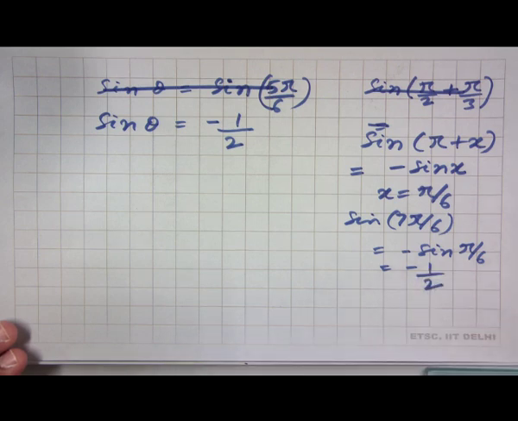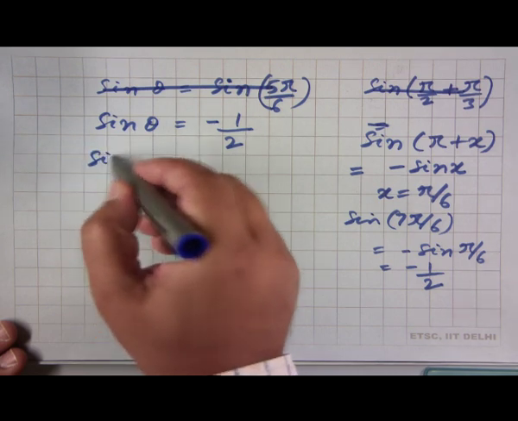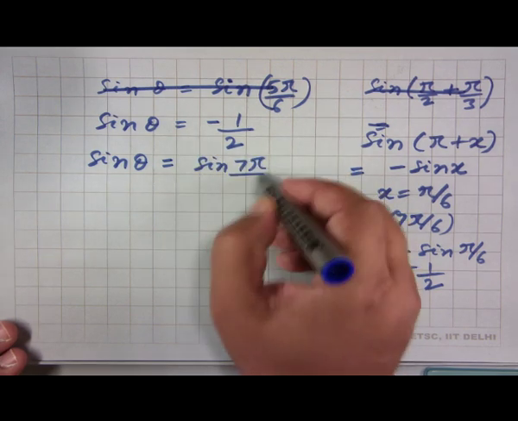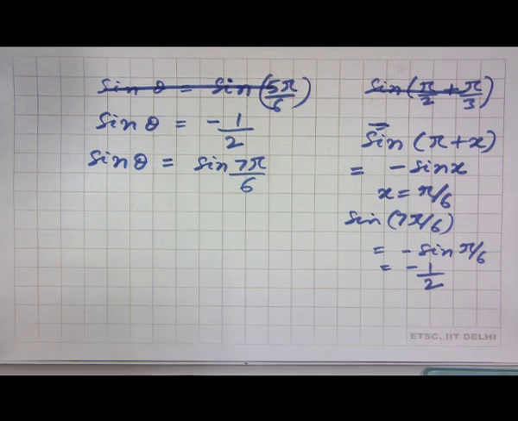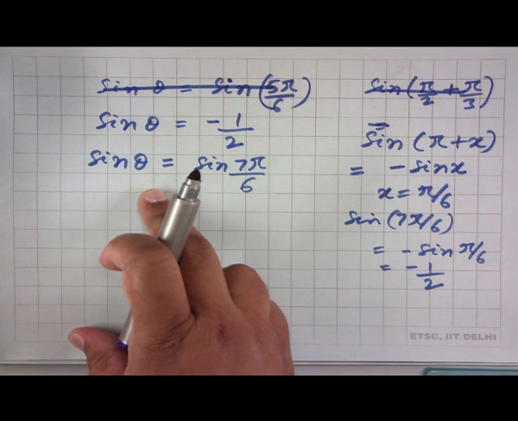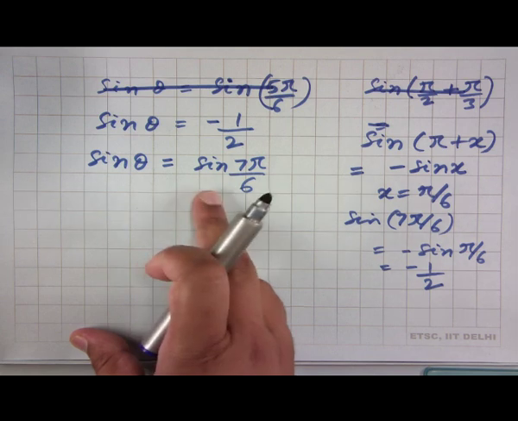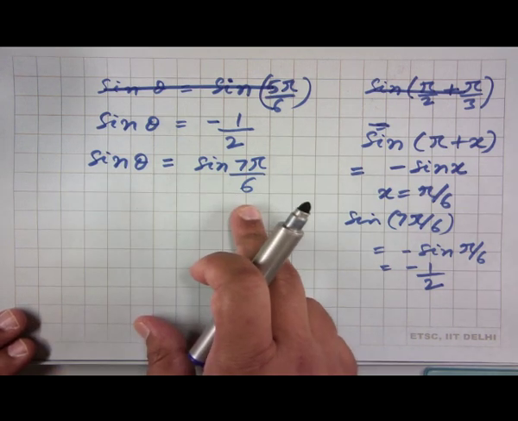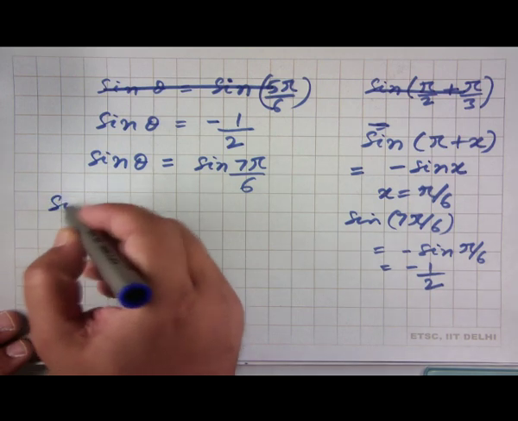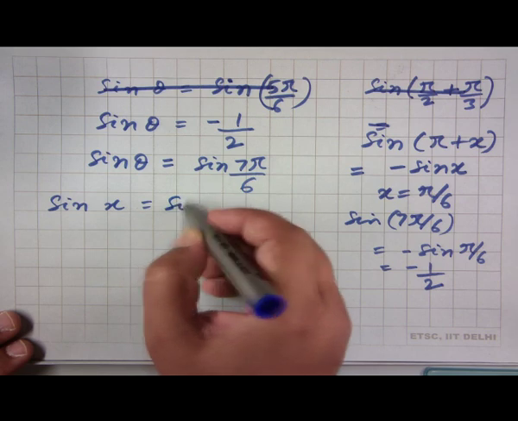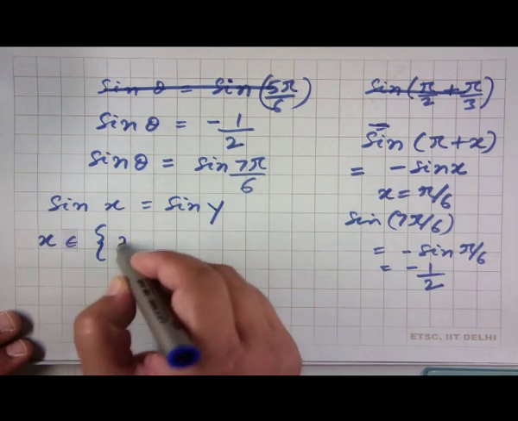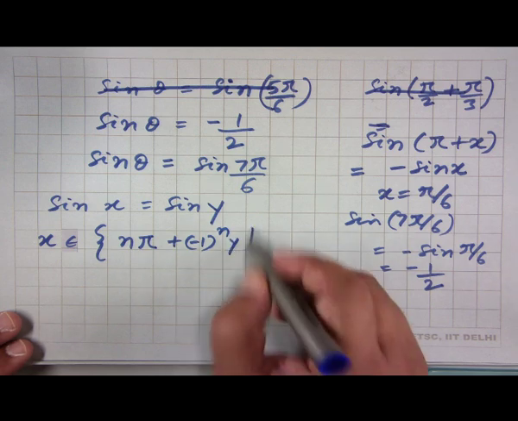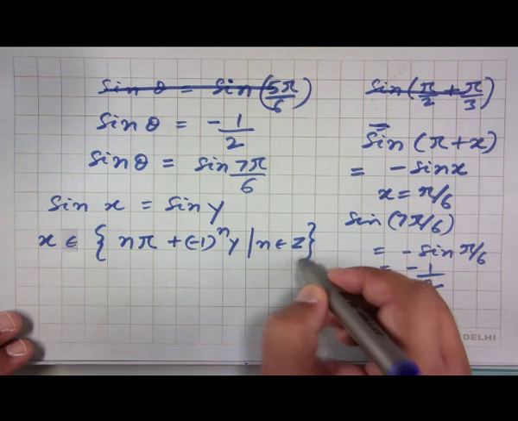Therefore, we can write that sin theta is sine of 7 pi by 6. So we essentially have to find the general solution to sin theta equal to sine of 7 pi by 6, and this we have already studied in the previous lecture. If you recollect, the general solution to sin x equal to sin y is that x is equal to n pi plus minus 1 to the power of n times y, for all integers n.